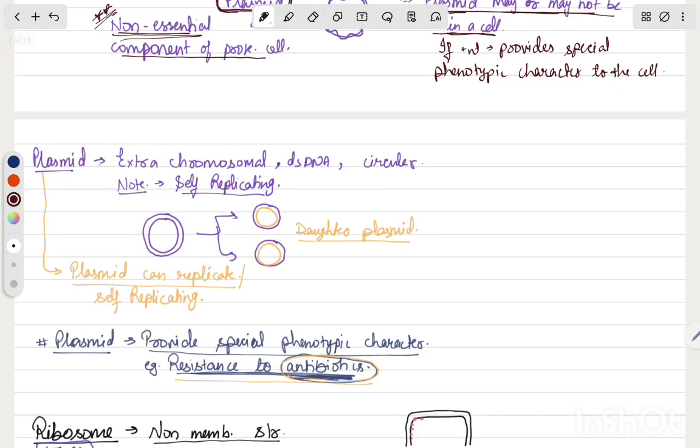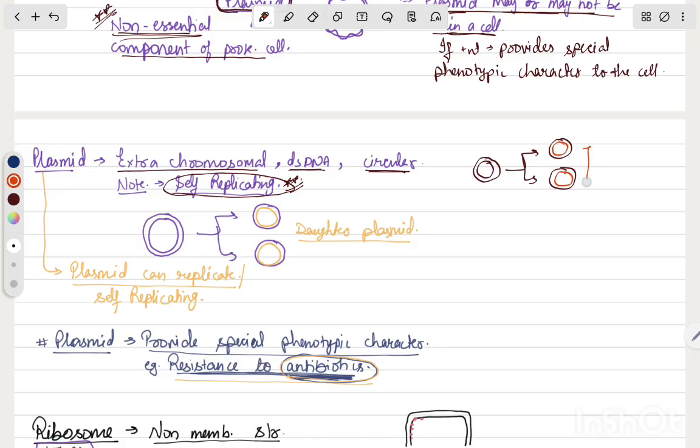It is extra chromosomal, it is double stranded, it is circular, and the most important point, it is self replicating. Self replicating means, suppose we initially have one plasmid, it can replicate and form two daughter plasmids, one strand of DNA and the other strand of DNA of the plasmid.